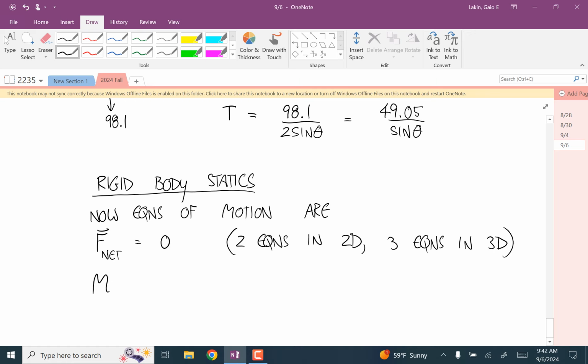And the net moment about any point A is equal to 0. And that is 1 equation in 2D and 3 equations in 3D.